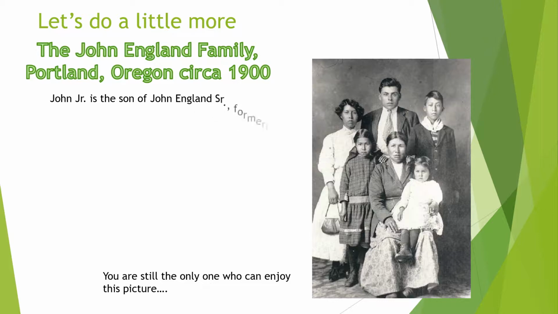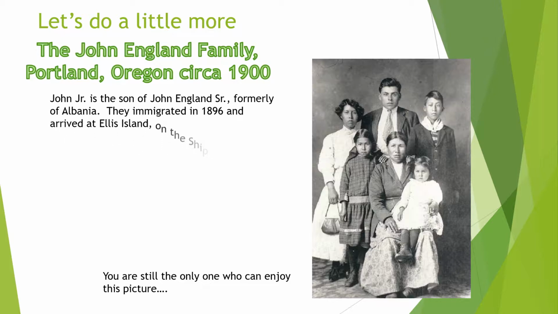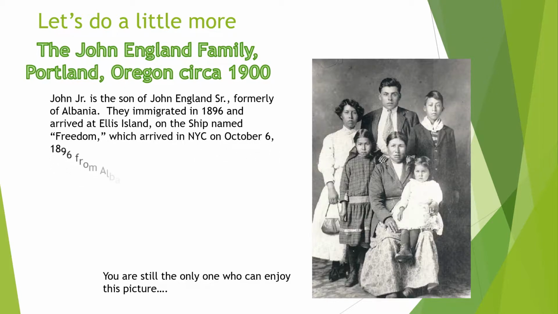So John Jr. is the son of John England Sr., formerly of Albania. They immigrated from Albania in 1896 and arrived at Ellis Island on the ship named Freedom, which arrived around New York City around October 6, 1896 from Albania.